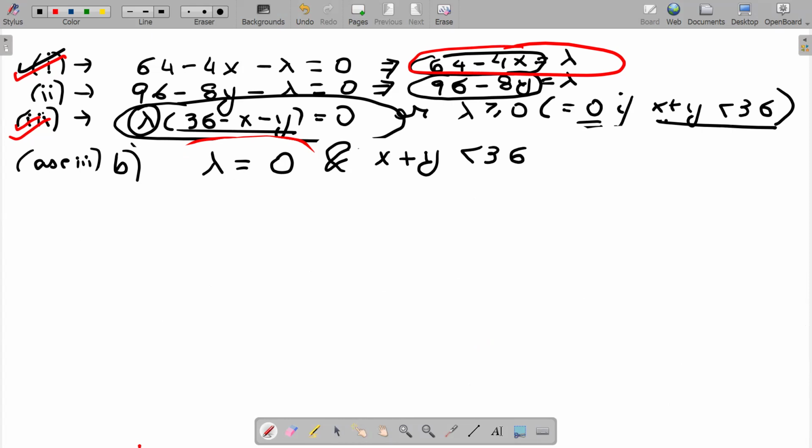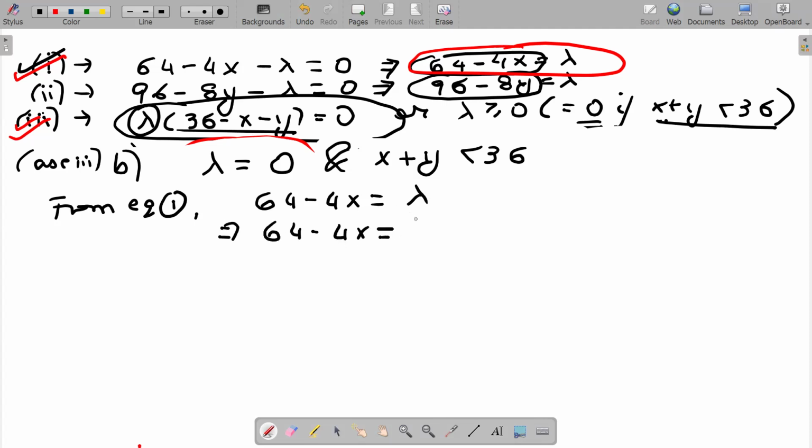Now, if lambda is 0, then from equation 1, 64 minus 4x is equal to lambda, which implies 64 minus 4x is equal to 0. So 64 is equal to 4x, which implies x is how much? 64 by 4, which is 16.